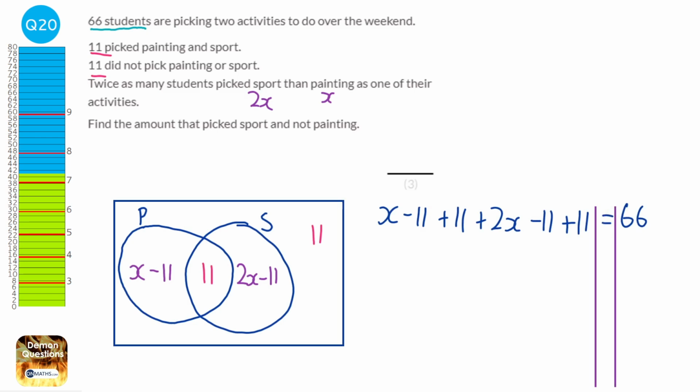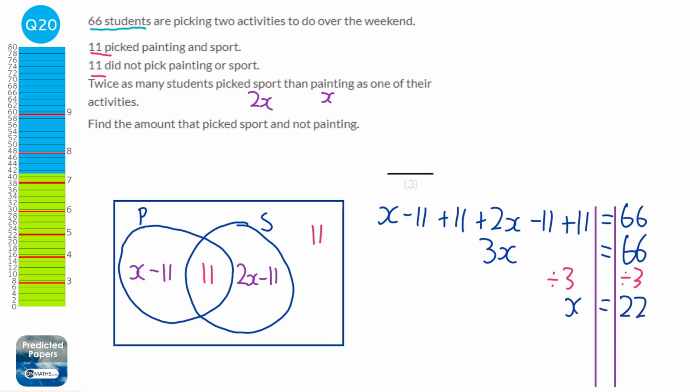Now here we've got X plus 2X, which is 3X. And we've got minus 11 plus 11, minus 11 plus 11. Well, those just cancel out. So we're left with just the 3X equals 66. We're going to divide both sides by 3. So we've got X equals 22.